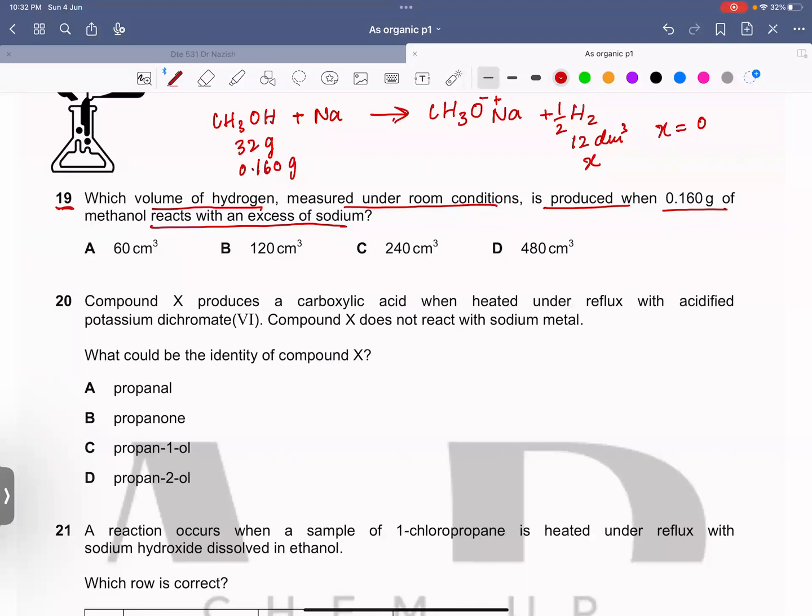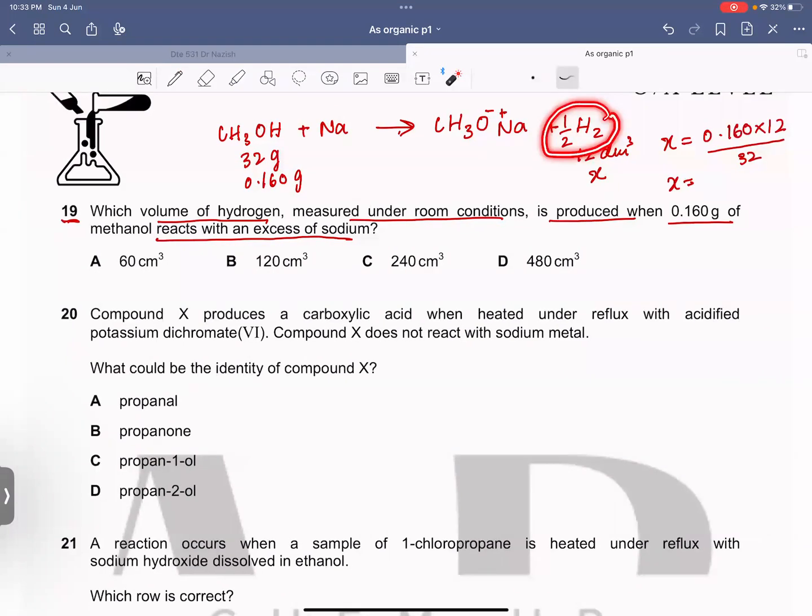Into 12 divided by 32. Yes. See, 1 mole of any gas occupies 24 decimeter cube. So if there is a half mole of hydrogen, then half mole occupies half of the 24 decimeter cube, which is 12 decimeter cube.